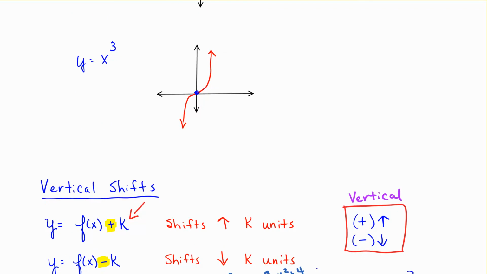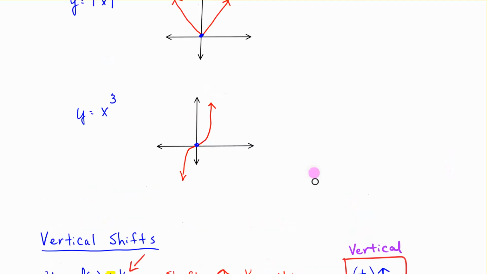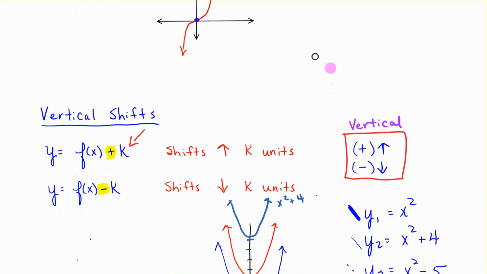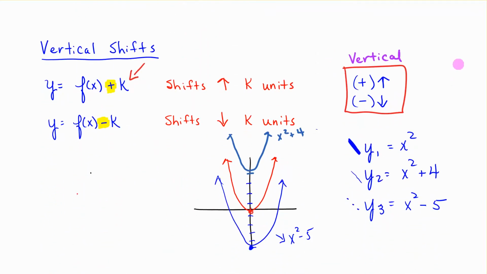So now that we think about the basic graph, we need to think about what certain things will do to the graph and move it. The first one we want to look at is vertical shifts. When we have a function and we add or subtract a value outside the function, it's going to shift it either up or down.